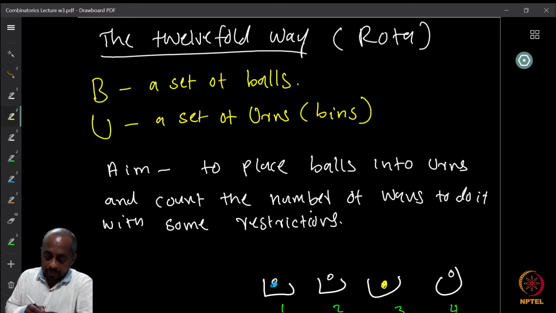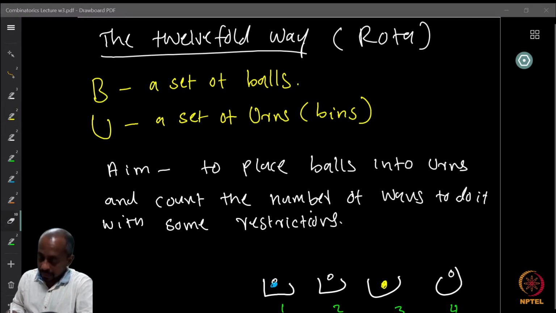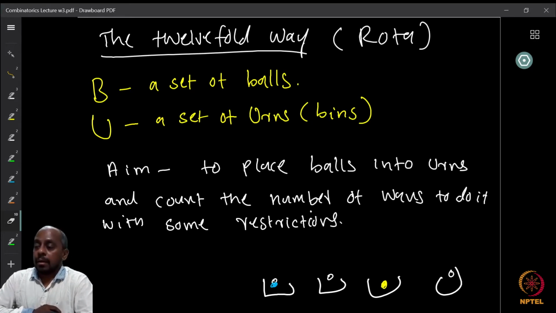Then you can say that the balls are colored, but the boxes are not labeled, they are identical. If the boxes are not labeled and the balls are labeled, then what can you do? So these kinds of different questions you can ask, and you can see that there are altogether 12 such possibilities.